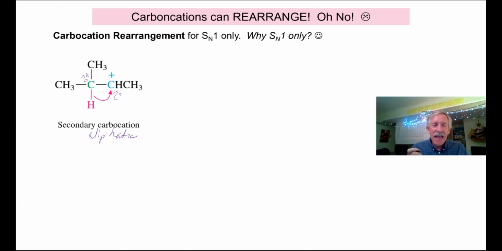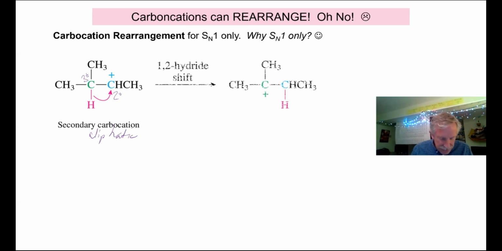And so what can happen is this little hydrogen can take its pair of electrons and jump one carbon over. Oh my God. This is called a 1,2 hydride shift. I don't know why they emphasize the 1,2, because you can't do a 1,3 hydride shift. You can't do a 1,4 hydride shift. So they're very, very rare.